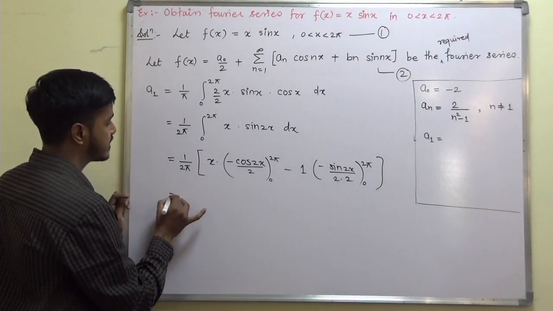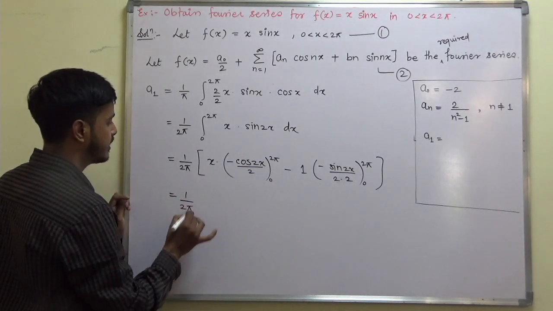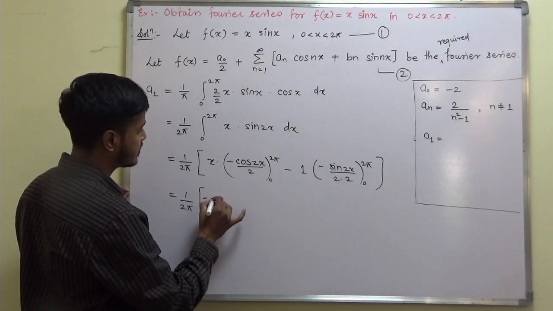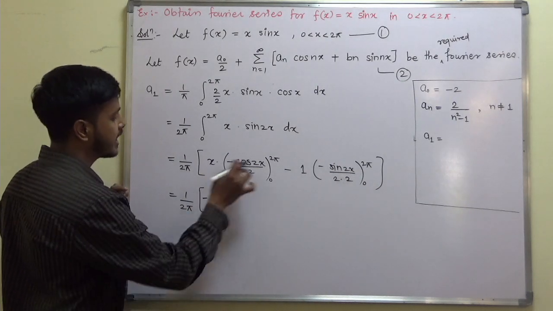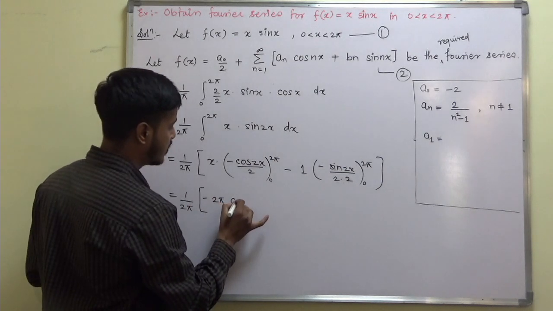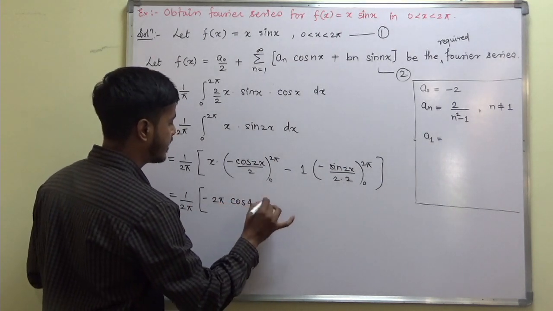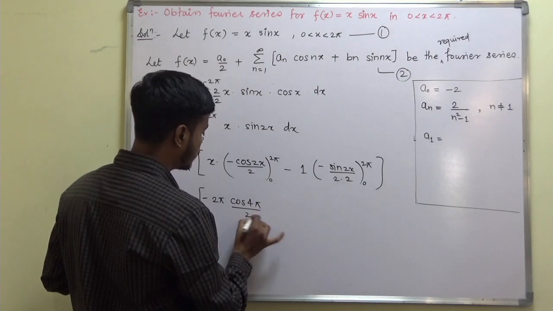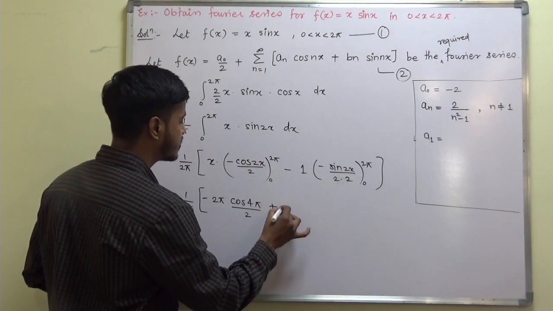Okay, so this is 1 upon 2 pi, and here you can take minus sign outside. So this is 2 pi minus of 2 pi into cos 4 pi, okay, and divided by 2. Lower limit will contribute to 0.